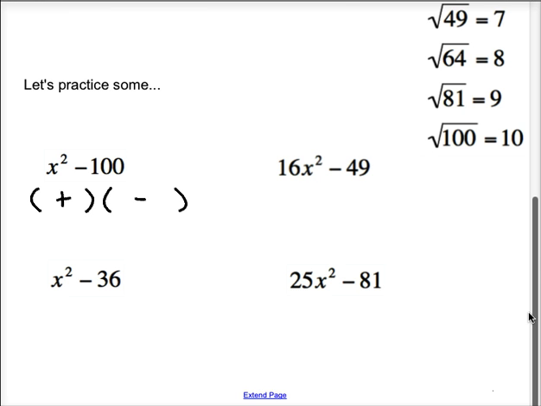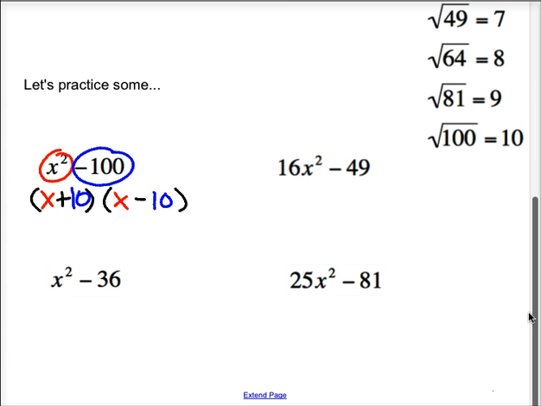When I see I have two terms and I'm subtracting two perfect squares, I know that this is what I'm going to do. To get the x squared is x and x, and to get the negative 100 is 10 and 10, and that's actually it. The problem's done already. You just have to remember that structure, remember that setup.